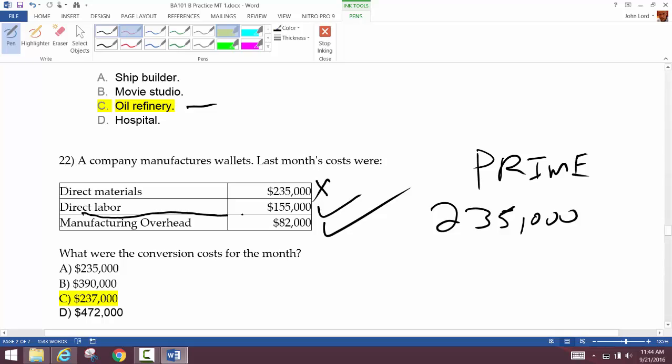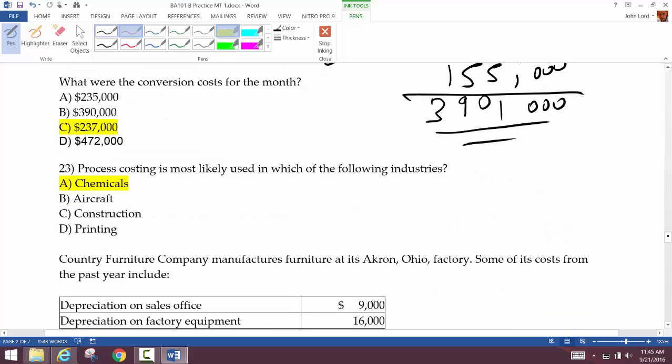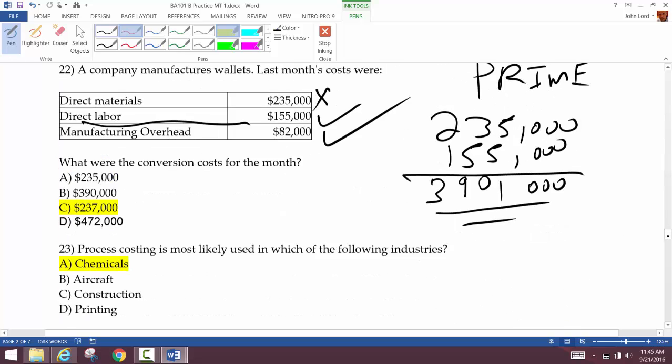Direct labor is not only considered a conversion cost, it's also considered a prime cost. So for that one, the answer would be whatever that comes out to. 390,000. Okay.